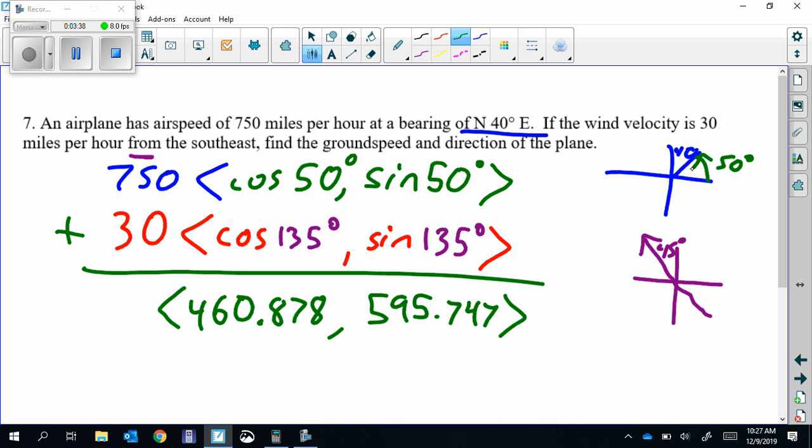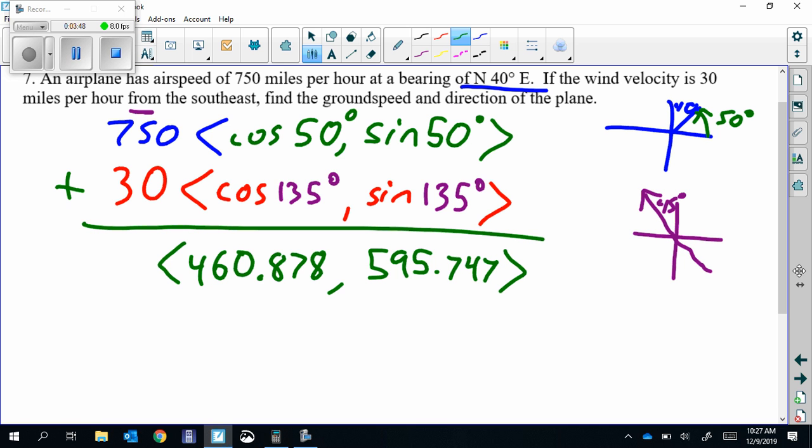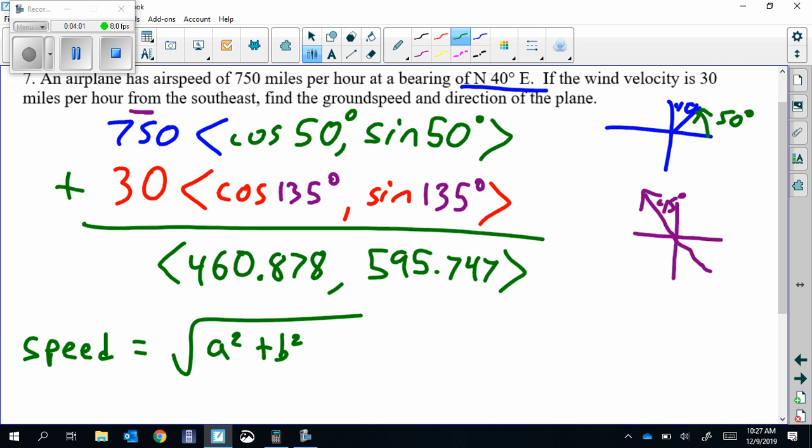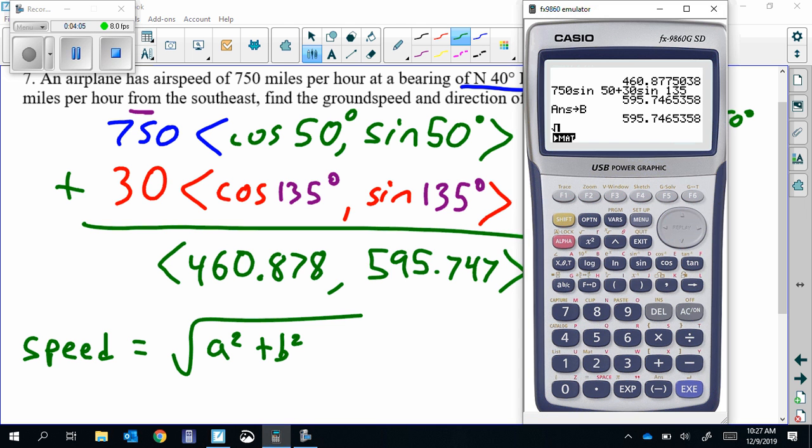Now, it makes sense. The plane was flying northeast. It makes sense that this vector is going to the right and up, which would also be northeast. In order to get our speed, we do speed equals the square root of a squared plus b squared. And we save those as a and b.